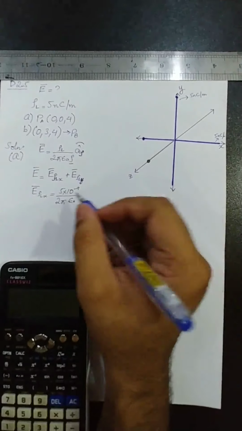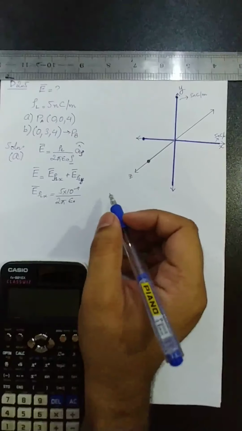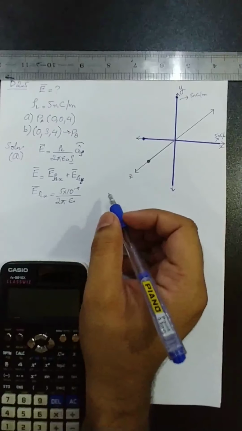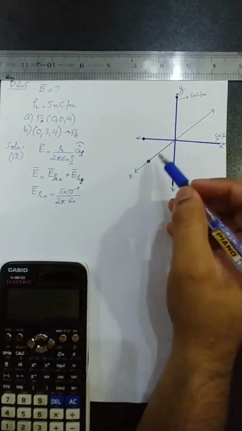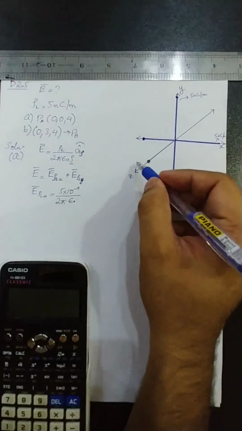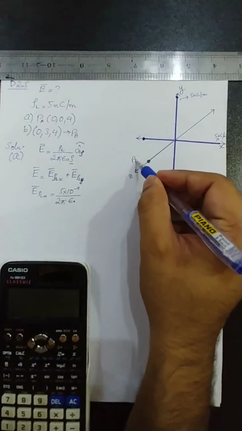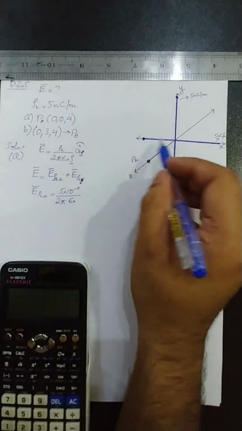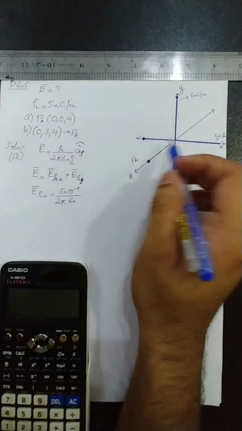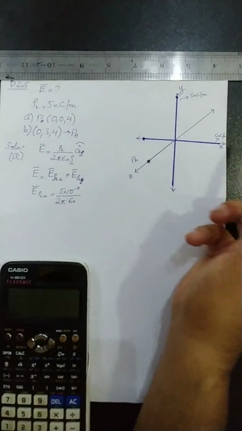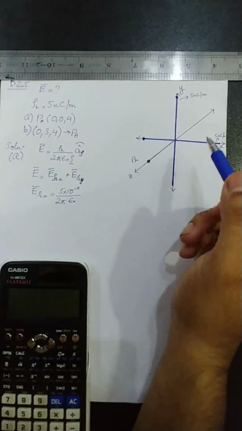Now we need to know the perpendicular distance between the field point PA, 0, 0, 4, and the line charge, which is on the x-axis. This part is very simple and straightforward.